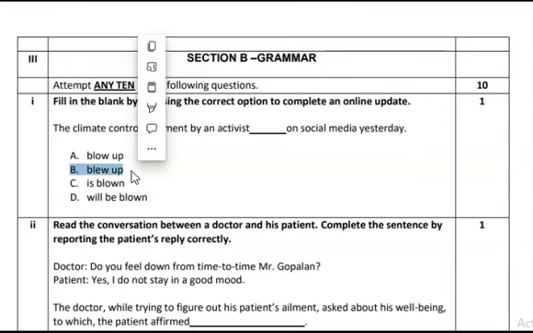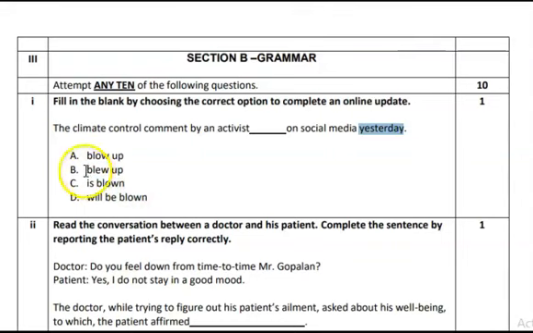In every such question in which you have to fill an option in the gap, there is a clue word, and the option goes according to that clue word. For example, in this question, the clue word is yesterday. Yesterday refers to past time, and therefore your option will be blew up, which is in the past.